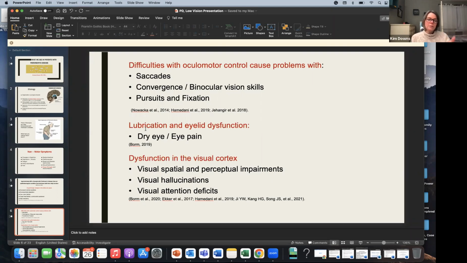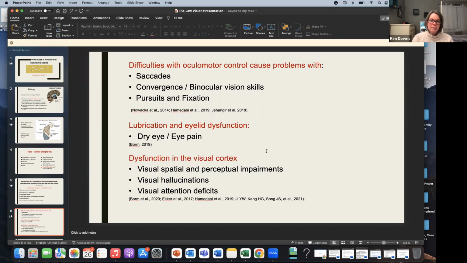Also this population is prone to dehydration, so that can affect the eye lubrication as well. So this group ends up being diagnosed with dry eye, and with their dry eye, they can have eye pain. They'll talk about visual discomfort and also excessive tearing.